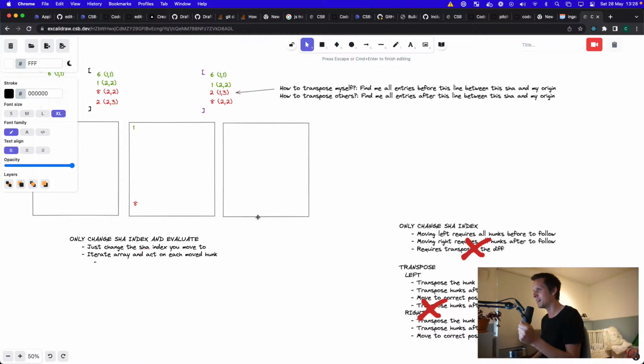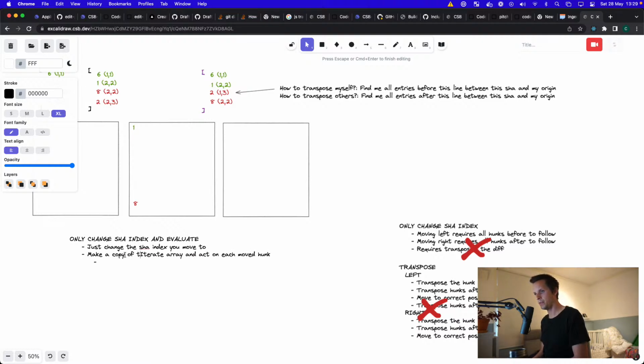But I really like where we got to here, because now we have this new, okay, so just change the SHA next you move to. Yeah, I think we want to make a copy.